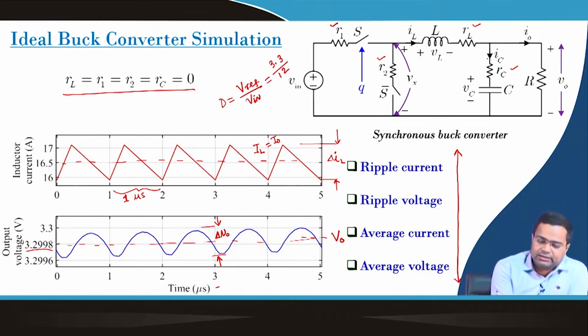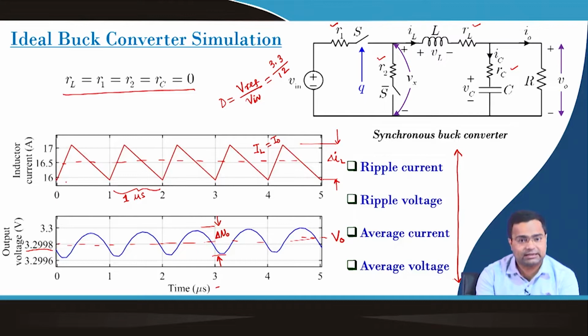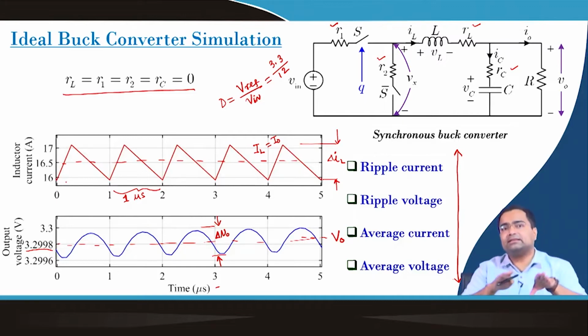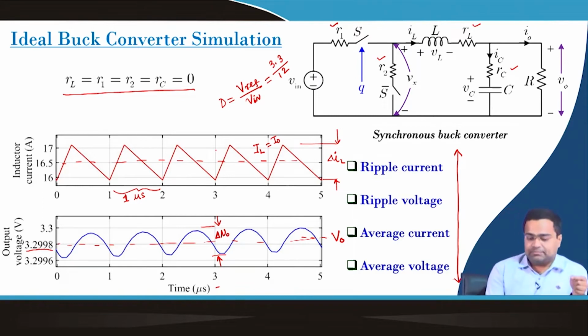That means if we draw the capacitor current, it will be the same as the inductor current if we eliminate the DC value. If the dotted line is 0, and the capacitor current is positive, the output voltage will rise, and if the capacitor current is negative, the output voltage will fall. So this is consistent.